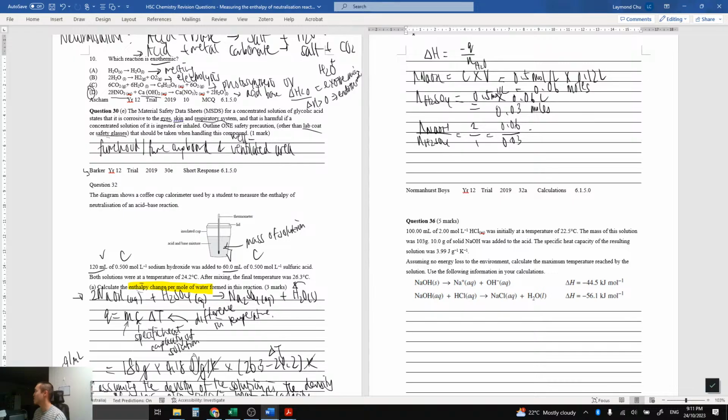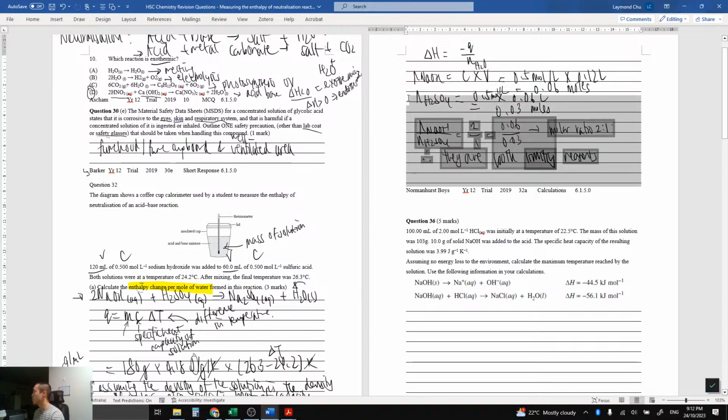So this is in the molar ratio of 2 to 1. So therefore, sorry, they're both limiting, not no limiting. They are both limiting reagents. So that means I can use either one to find the moles of water.